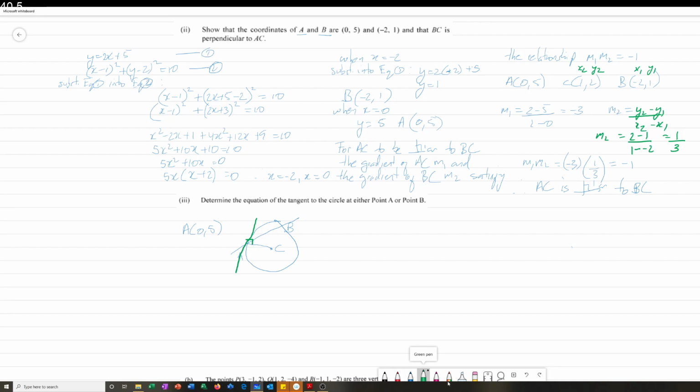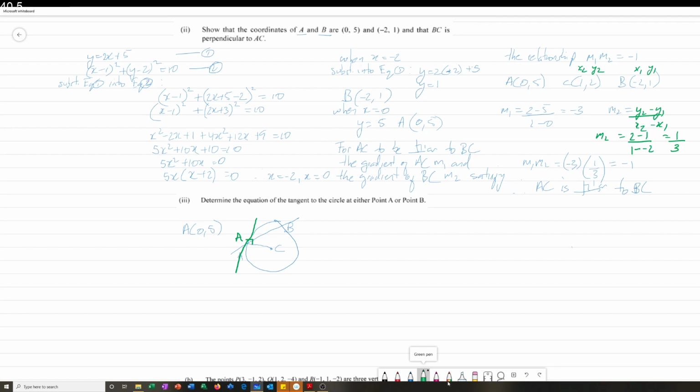So this is A. So I want the equation of this tangent. So my first question is, I have A. What is the gradient of this line? Well, thankfully, I have the gradient of AC already. And this line is 90 degrees to AC.